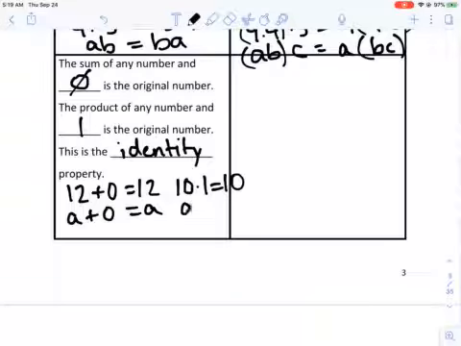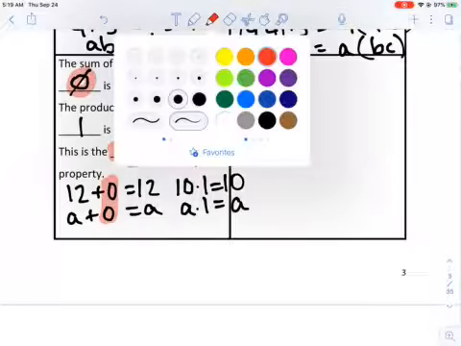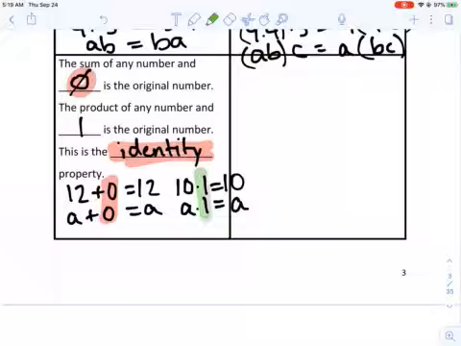And A times 1 is A. So if you're using a 0, that's the additive property or additive identity. If you're multiplying by 1, that's the product identity or multiplication identity.